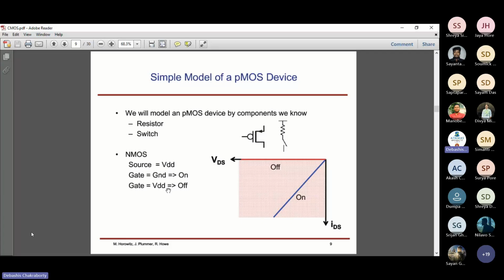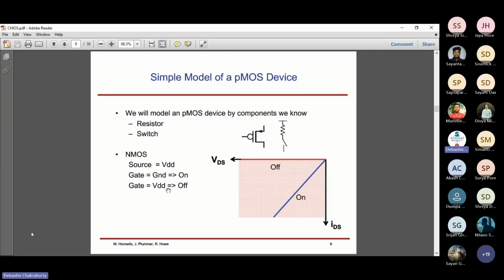And obviously, when the gate voltage is high, high means it is connected to the power supply, VDD. The VDD value may be plus 5 volt, 10 volt, 15 volt, 20 volt, whatever. That is a DC power supply, DC voltage.